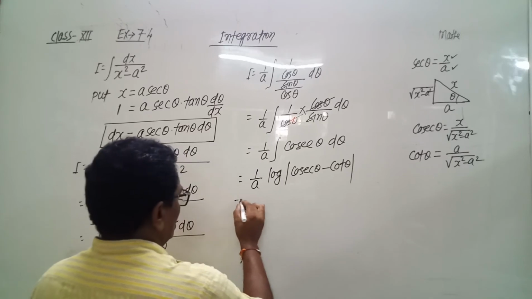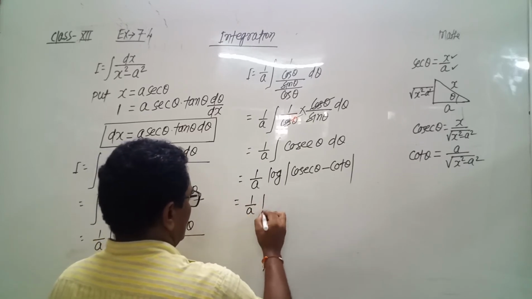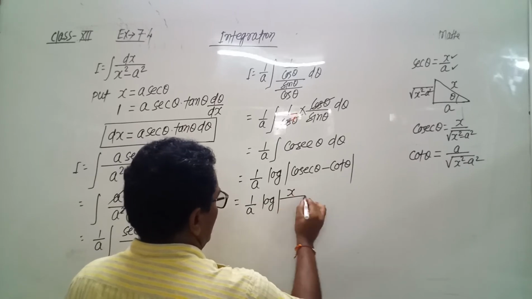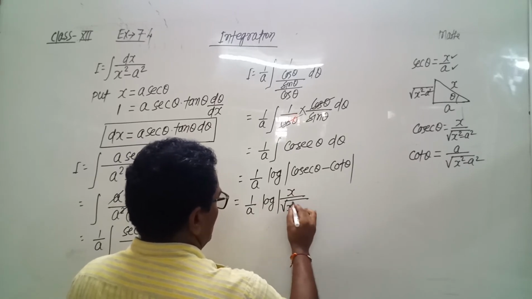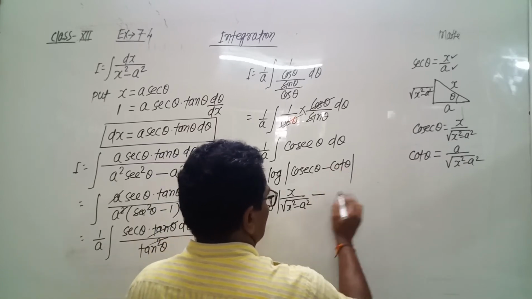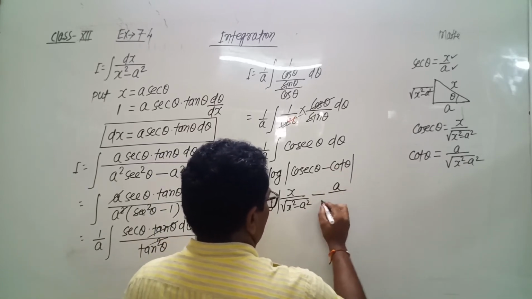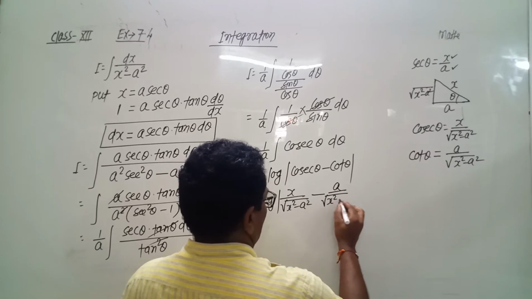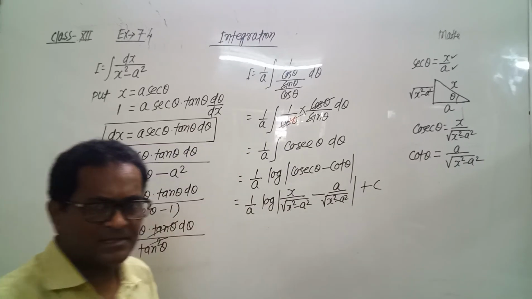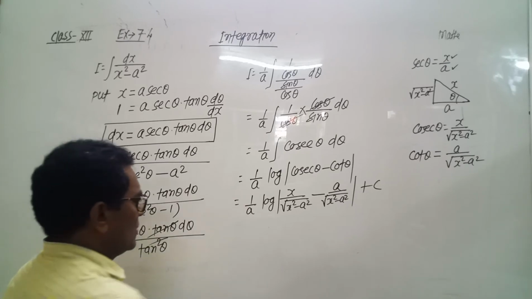Now we put the values. So 1 by a log, and cosec theta is written as x upon under root of x square minus a square, and minus cot theta is written as a upon under root of x square minus a square, plus c. Now we solve this.